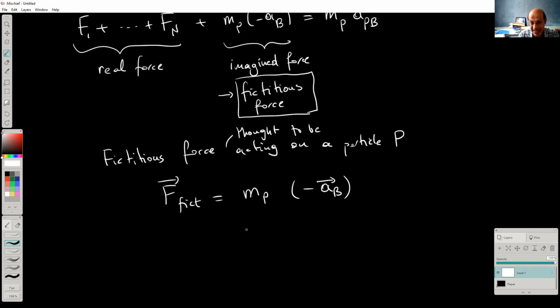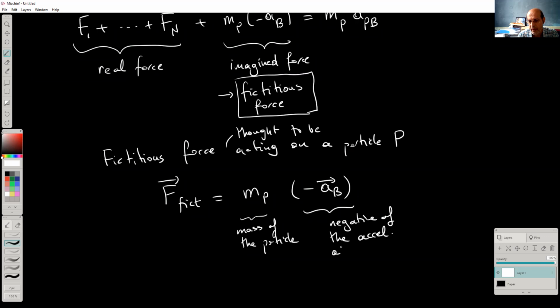So let me explain again. That's the mass of the particle, and that's the negative of the acceleration of the reference frame.